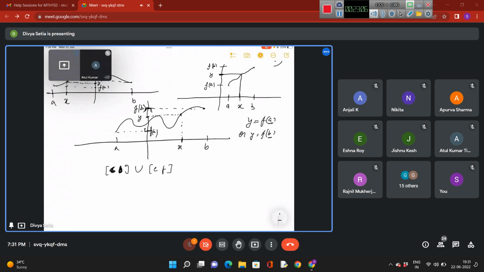Fine, Atul. The first theorem is not saying that it's an interval. You need something more, and it just says that it attains the maximum and minimum value. But why should each and every value lying between the maximum and minimum be attained? That is the question, right? So the first theorem will not imply this thing.